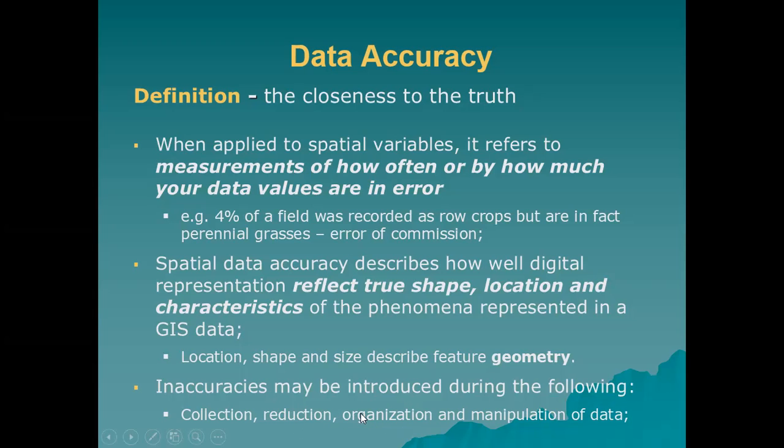For example, after you collect your data, you'll have to clean up and organize the data because there may be inherent errors in there. You may have to convert the data into other formats. So everything that you have to do to the data, there's always a risk that you could introduce errors. Or when you classify your data or manipulate your data, analysis of your data can also introduce errors into your data.